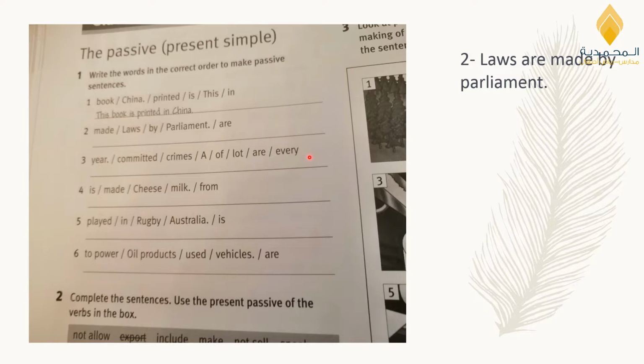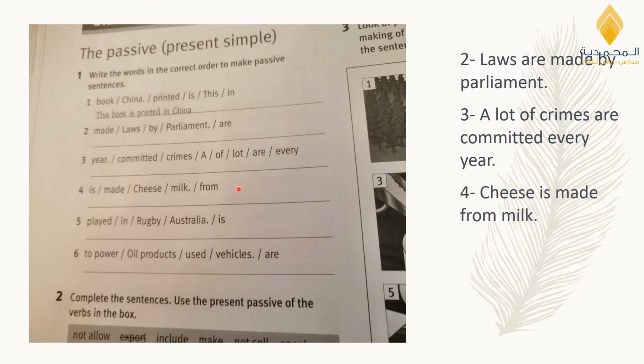The correct order is a lot of crimes are committed every year. 4. Is made cheese, milk from. The correct answer is cheese is made from milk.